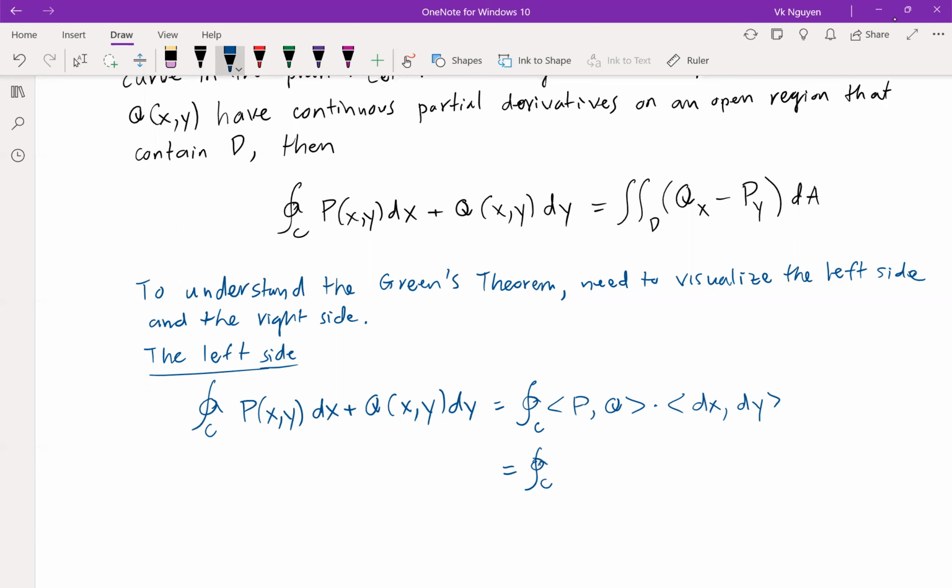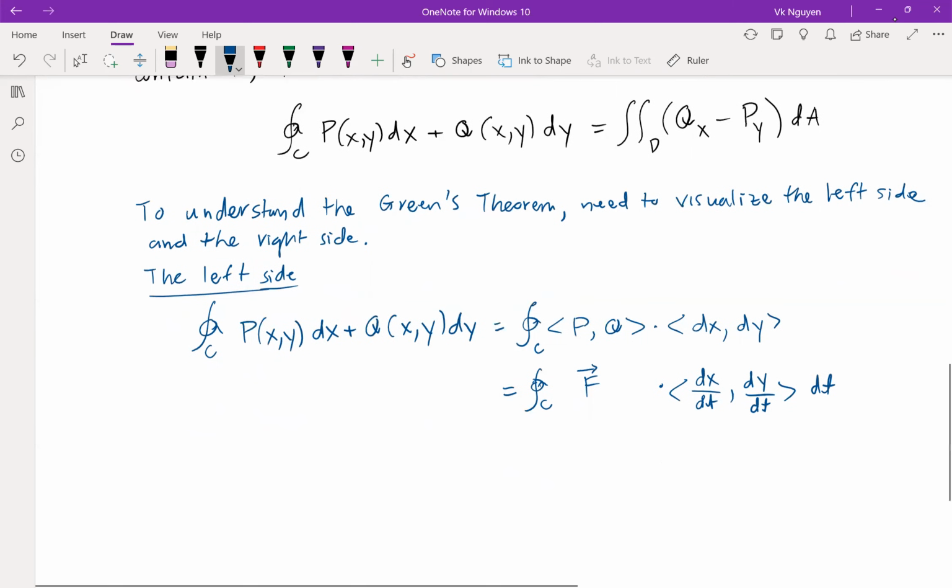Let's see, P, Q, you can think of them as the vector field F, because these are the two components of the vector field. And then dot, what is this one? dx, dy, and you can rewrite this as dx over dt, dy over dt, dt. So what is this thing here?